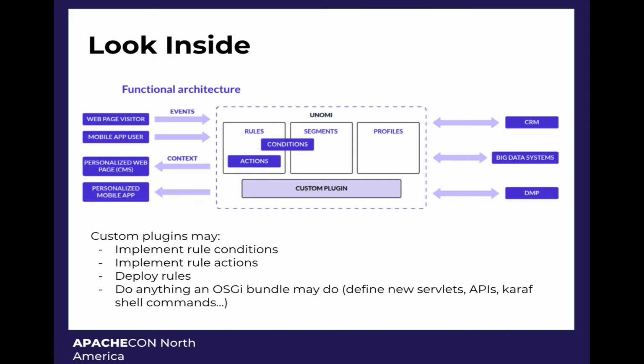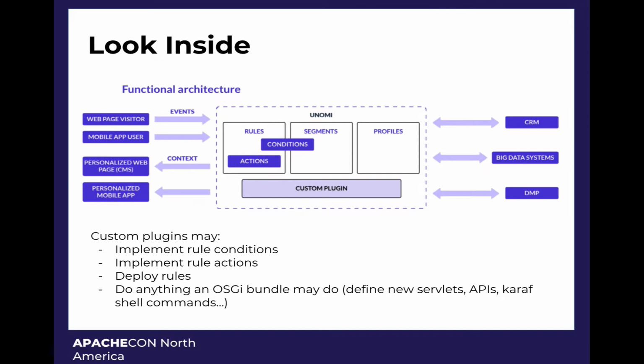And inside of Unomi, I'll start from the right side because that's the easiest one to understand, the profiles. It's just a collection of profiles. We have all the profiles that Unomi knows about. The segments, which basically say how we are regrouping these profiles based on different conditions, and then the rules.